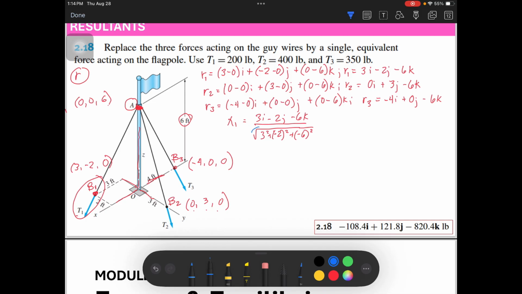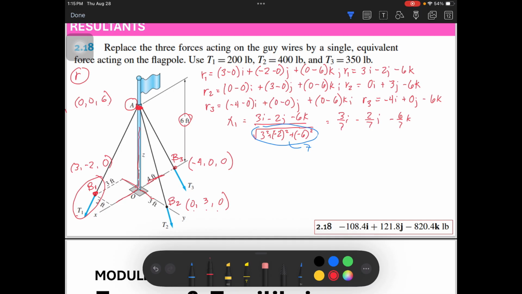So let's get muna ano tong denominator. It is 7. So mangyari ay 3 over 7i minus 2 over 7j minus 6 over 7k. So our lambda 1 is, yan, pwede mo na lang i-leave as fraction. Pwede naman. Kung gusto mong decimal, pwede rin naman.